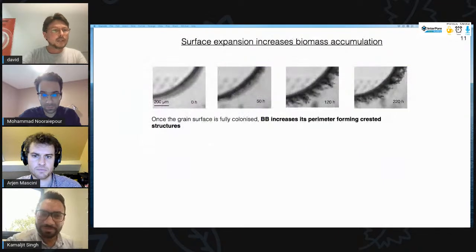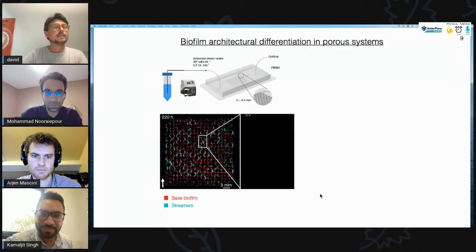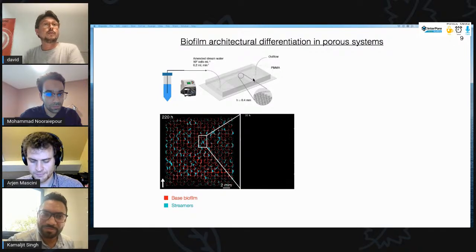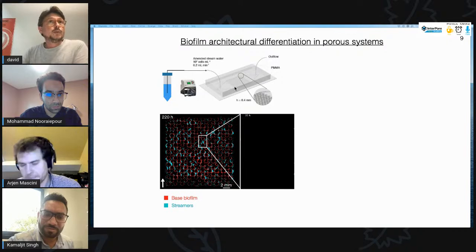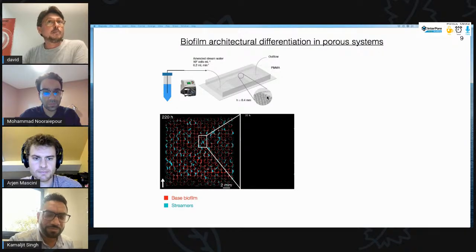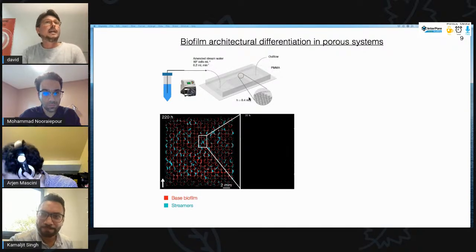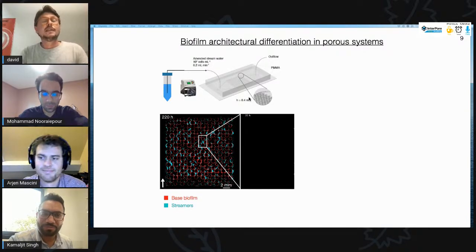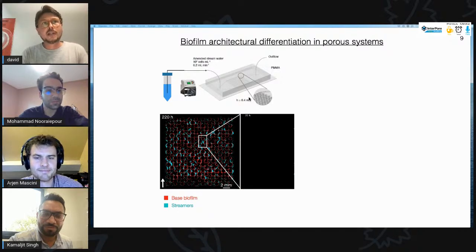Yes. So maybe it was not very clear in the presentation. Exactly, all the microfluidic or millifluidic experiments that they have been performing use a pore system where these pillars are the obstacles to flow. And this is basically simulating a 2D cross section of a porous environment.